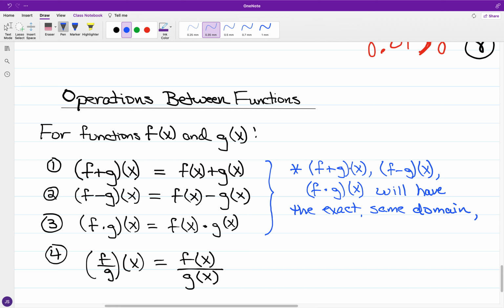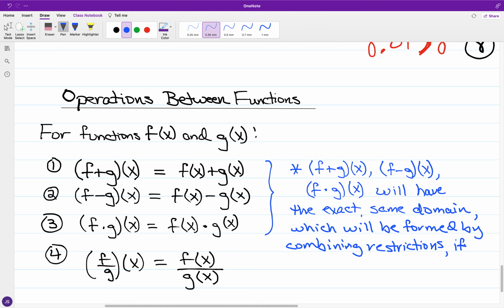And now their domain is going to be formed by combining restrictions, if any, of f of x and g of x.